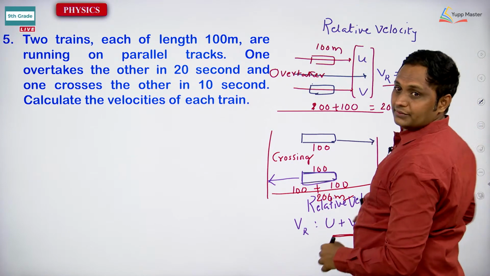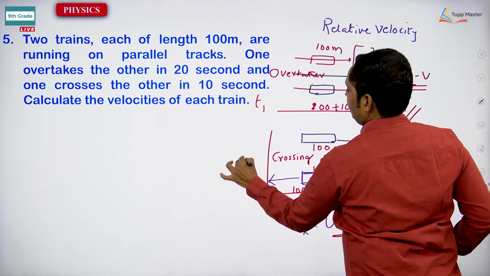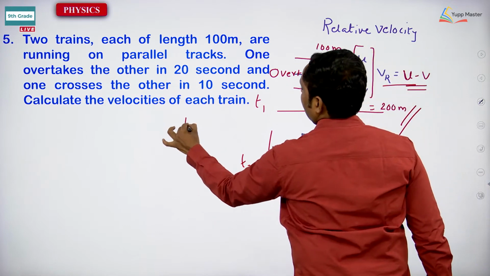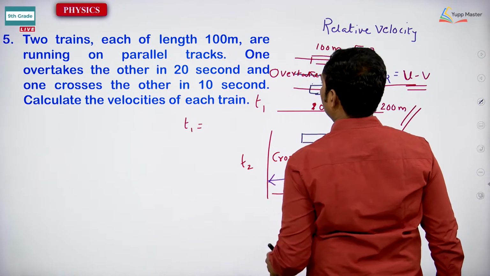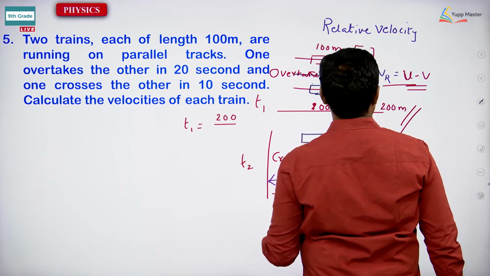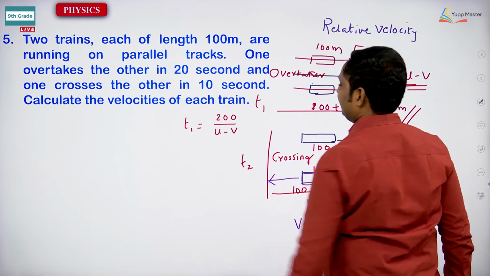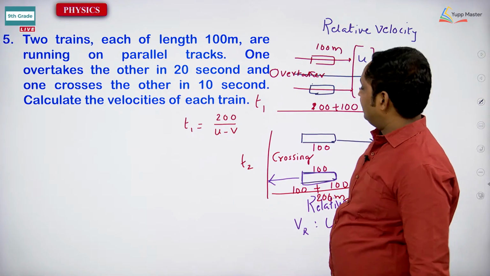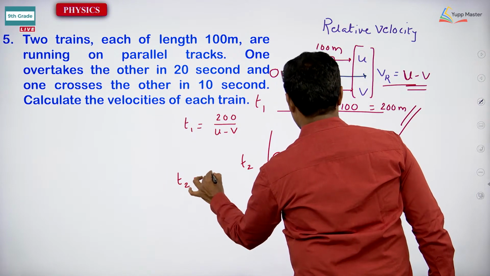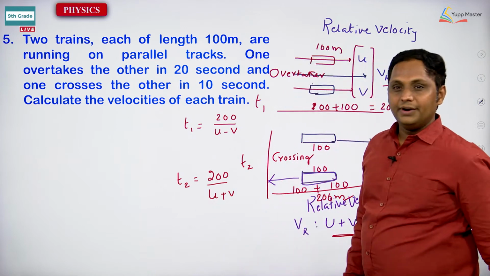In this case they have given the time, that is t1 and t2 seconds. So, you can calculate that t1 is equal to 200 by u minus v. Here t2 is equal to 200 by u plus v, it is very clear.